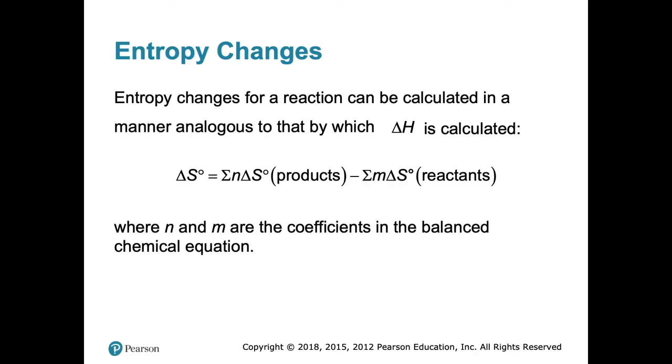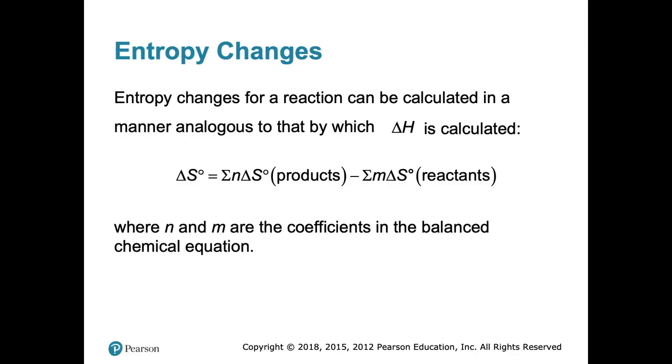The change in the standard entropy equals the sum of the coefficients, or the number of moles of the products, times the standard entropy of the products, minus the sum of the coefficients of the reactants, or the number of moles of the reactants, times the standard entropy of the reactants. So it's almost the exact same equation as you saw for change in enthalpy.